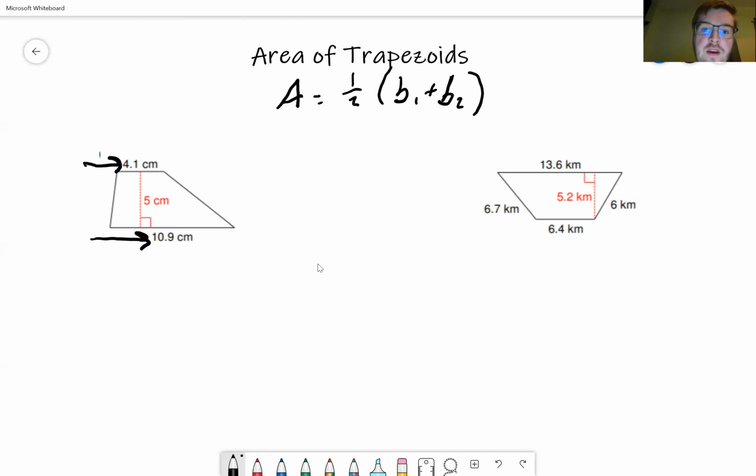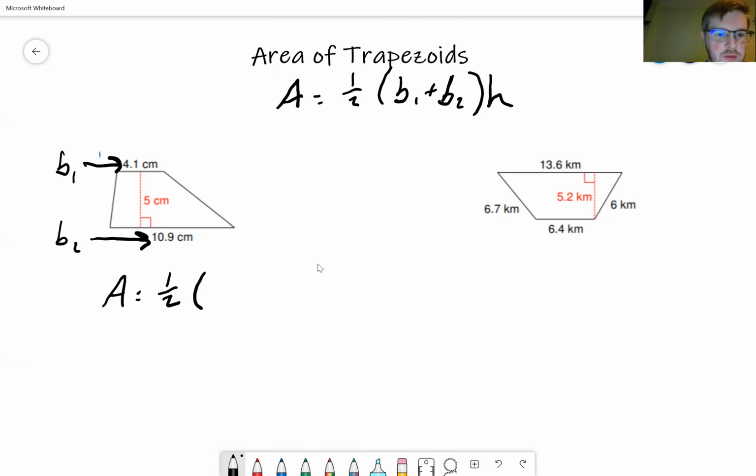So you've got 1/2 times the quantity of base 1 plus base 2 times the height. Again, I'm going to use 4.1 as B1 and 10.9 as B2. So with my formula, I'm going to write that out.